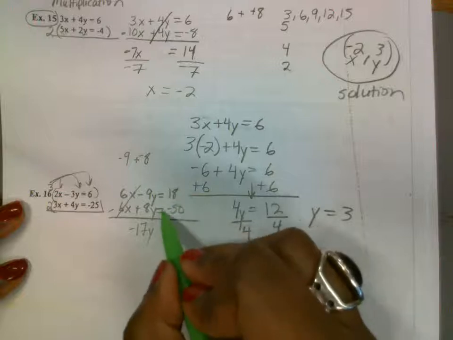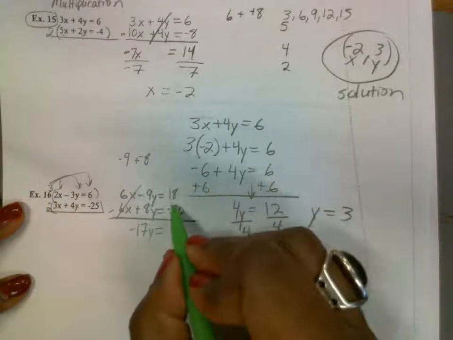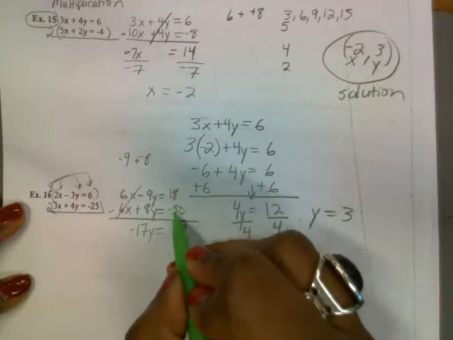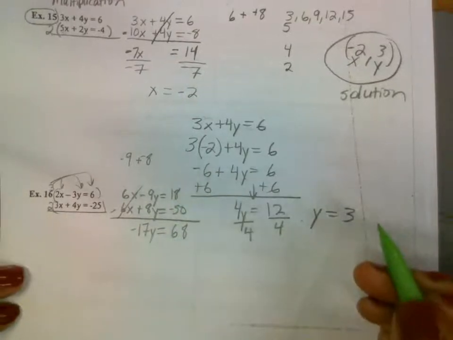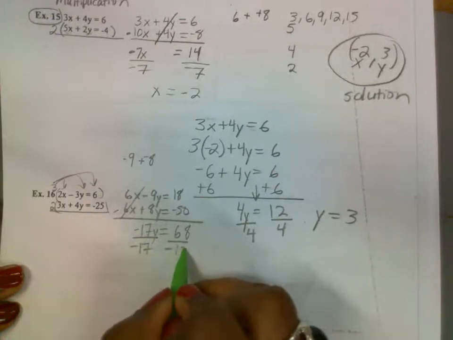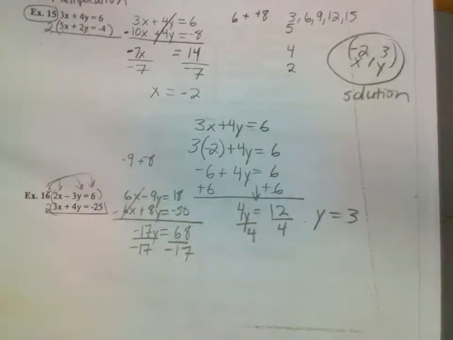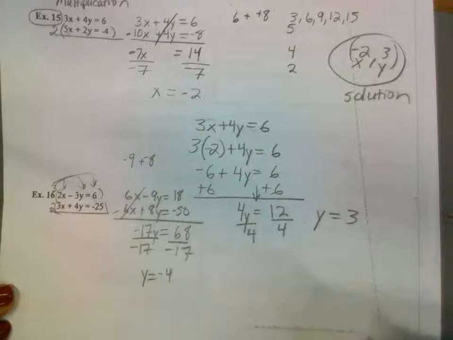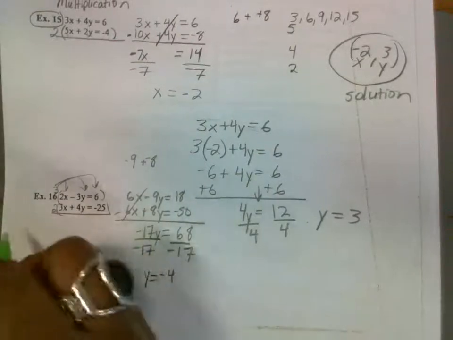Then here, equal to minus, that's plus. So this is going to be 8. This is 68. So now I'm going to divide both sides by negative 17. Okay, when I divide, that's going to be a negative 4. All right, so y is going to be negative 4.